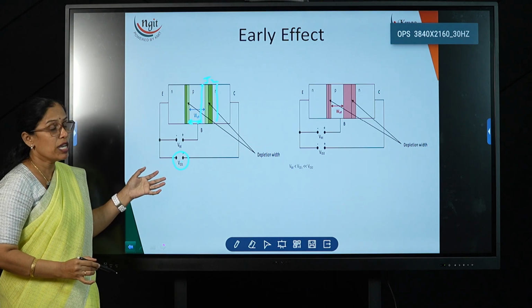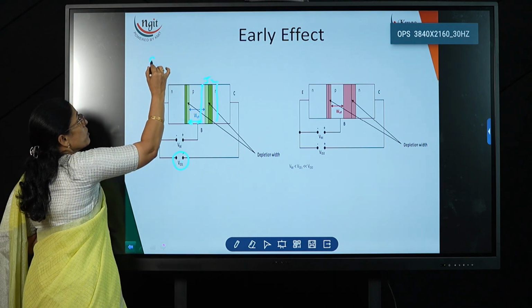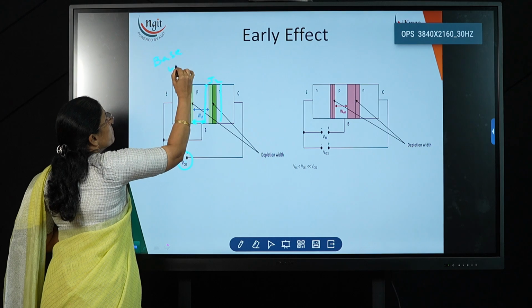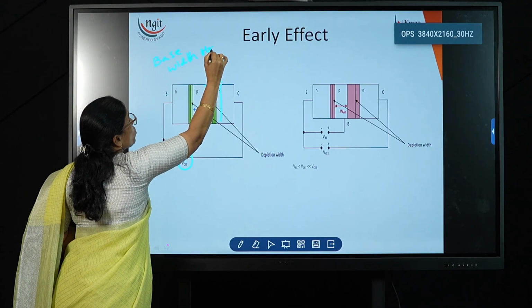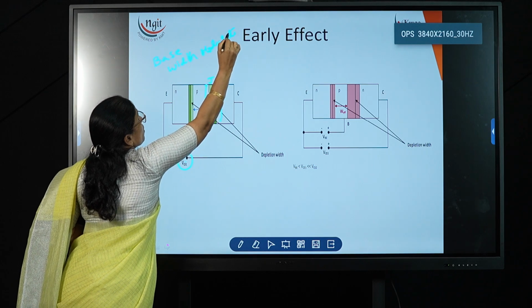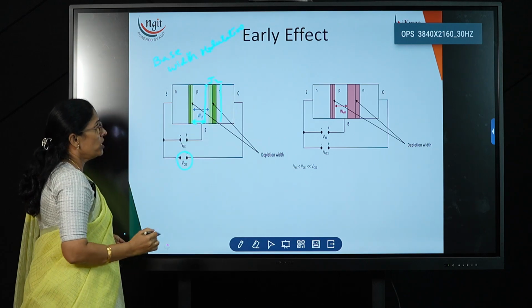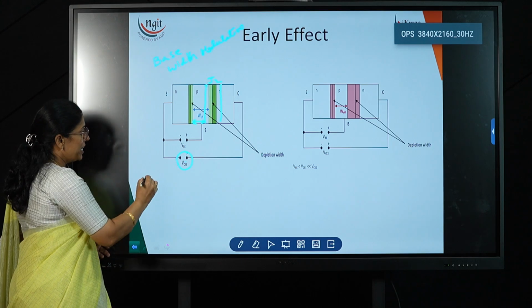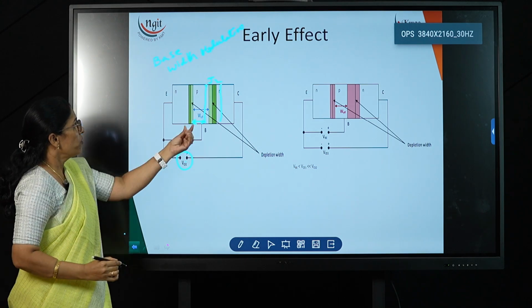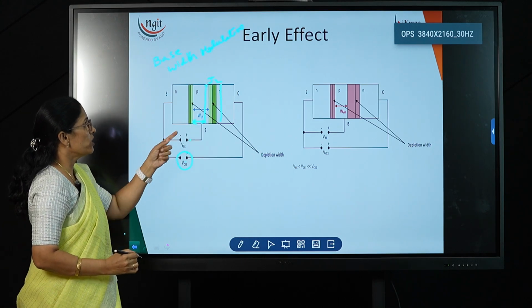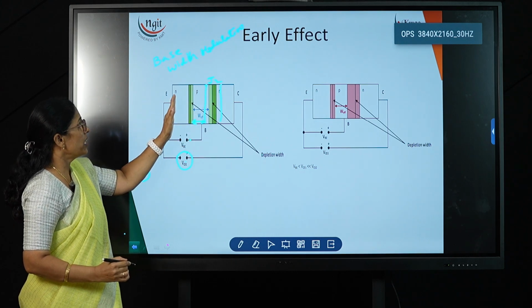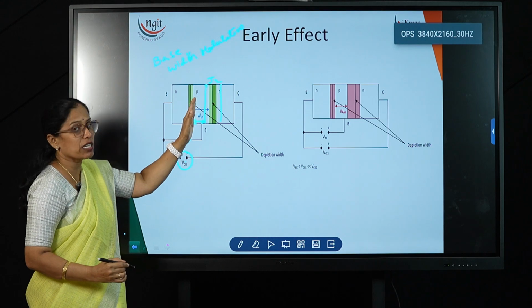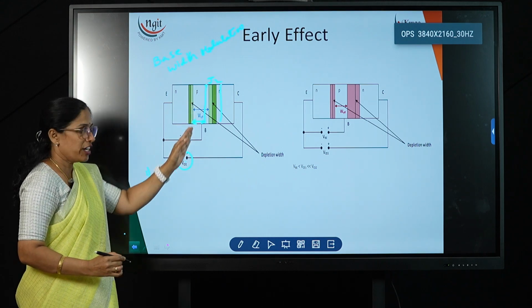The width of the base is changing with respect to the output voltage. That's why we call it base width modulation. So with this, what happens? If the effective width of the base is reducing, the number of charge carriers is less, so whatever electrons enter the base, the recombination will reduce.